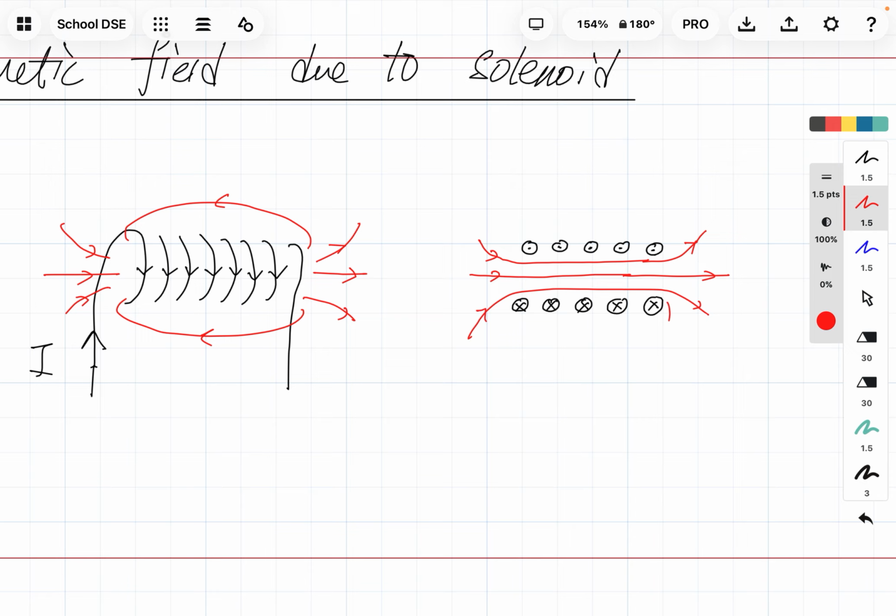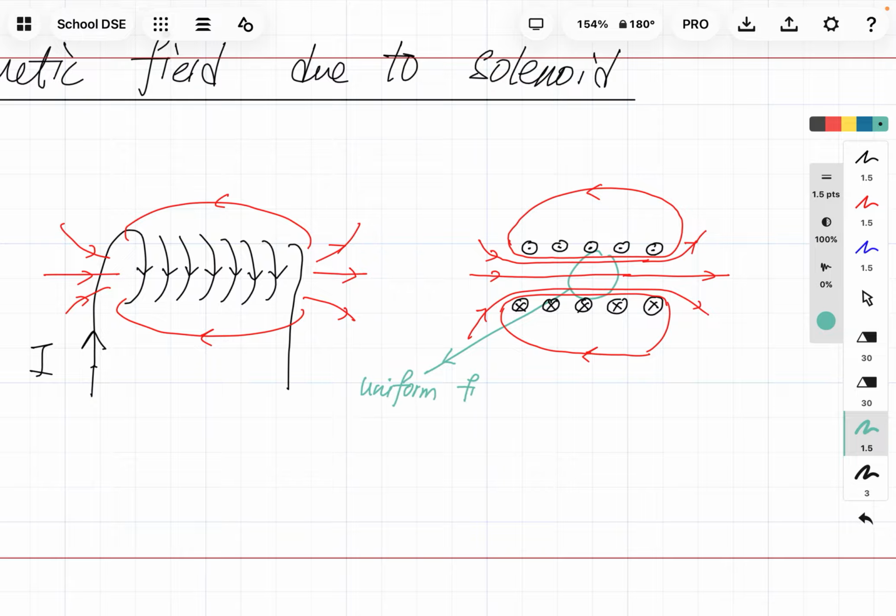In this drawing, L2 is smaller. L2 is smaller than L1, therefore the number of turns.